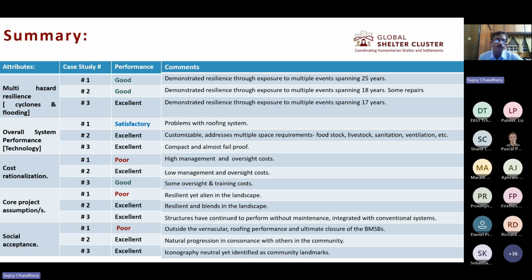In terms of system performance, if you're talking of the whole building system, I think the first one, where we used the interlocking mud blocks and cement roofing channels and stuff like that, I would say satisfactory, because the roofing system had problems. Most homeowners over the years complained about roofing channels.